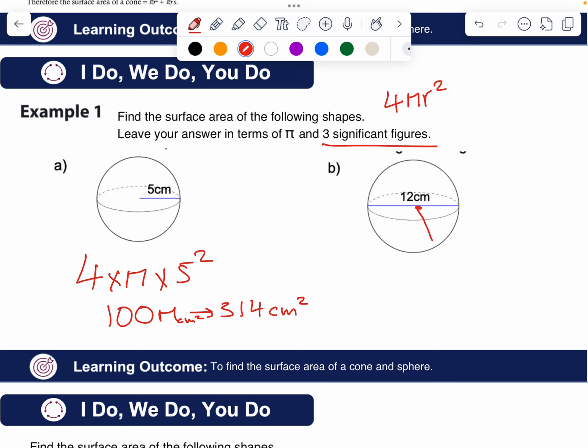Right, the next one, the radius is 6 centimetres. So 4 times pi times 6 squared. 36 times 4 is going to give me 144 pi. But then we have to leave it in 3 significant figures, so it's going to be 452 centimetres squared.